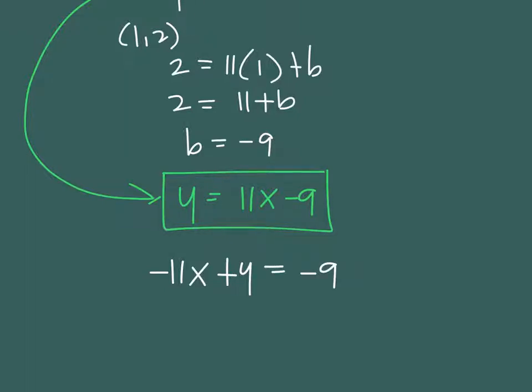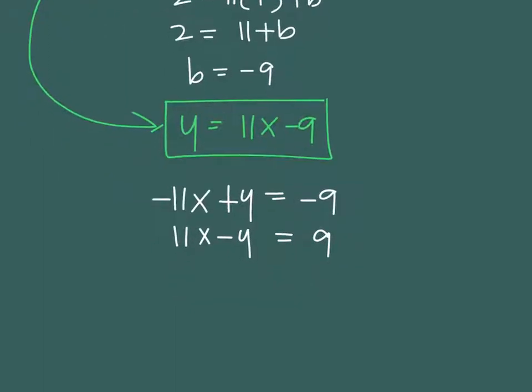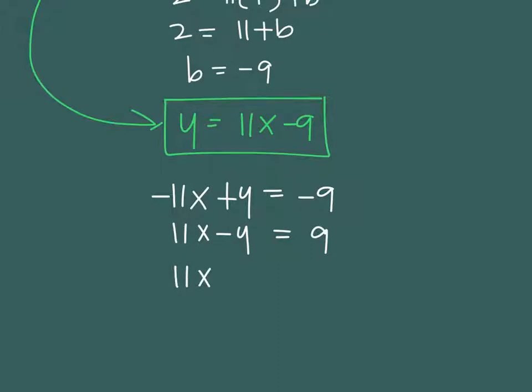Or it could be 11x minus y is equal to 9. Or it could also be 11x minus y minus 9 is equal to 0. So meaning to say, you should also know how to change it. Because you might encounter a question in which y equals 11x minus 9 is not in the choices. And you might say, oh, there's something wrong with the question. But maybe all you have to do is to rewrite it in a different way.